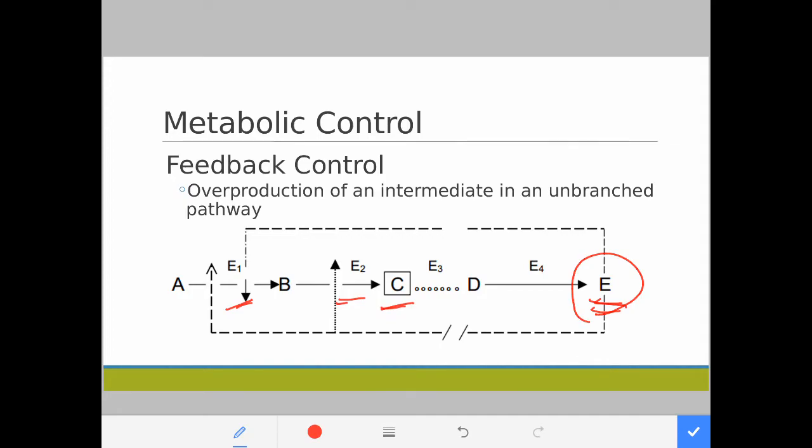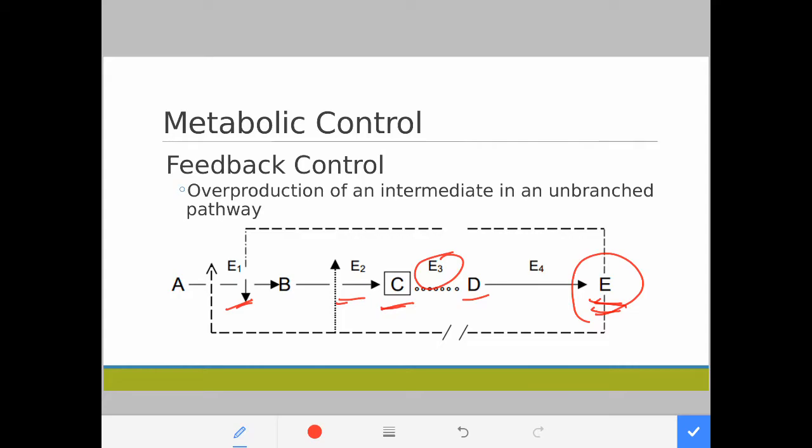So the option here is to destroy, mutate, or render ineffective enzyme 3, the one that catalyzes the conversion of your desired product C to form D. You deactivate the enzyme, so you can induce a mutation on the enzyme, destroying the active site.